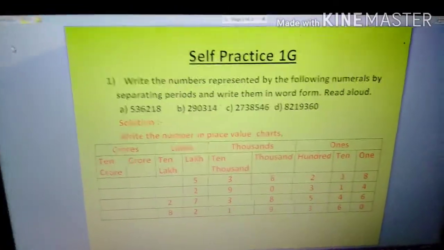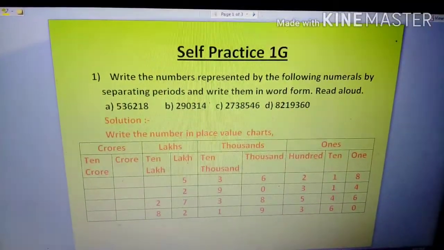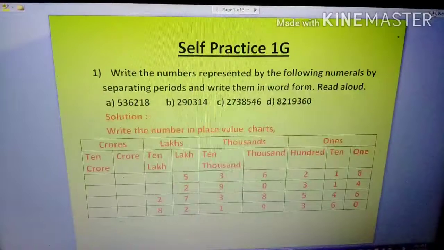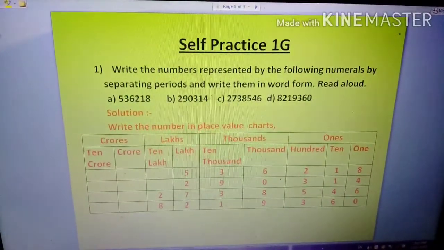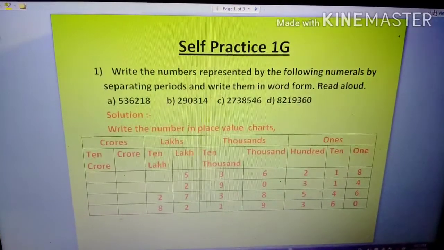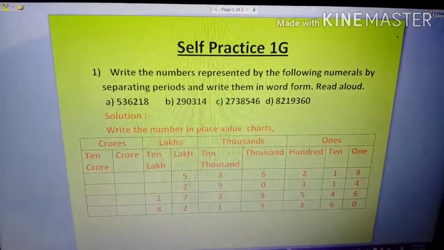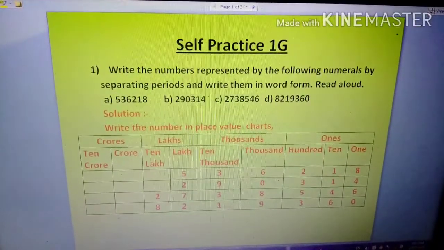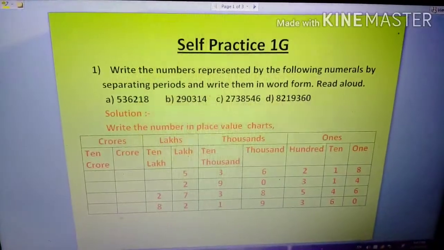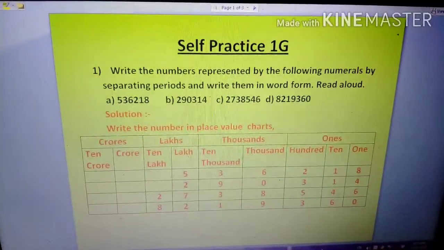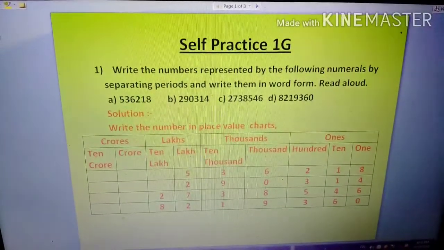Firstly, we draw the place value chart. Here we draw the place value chart and write firstly the periods and then the places. The periods are crore, lakh, thousands and ones. Below that we write places.